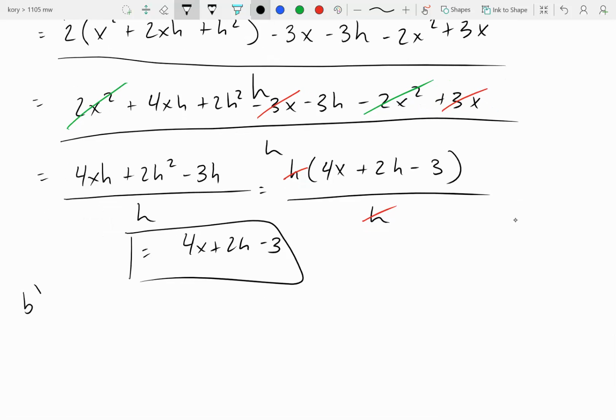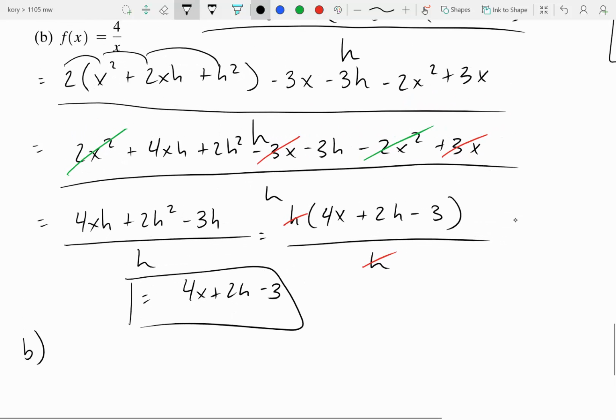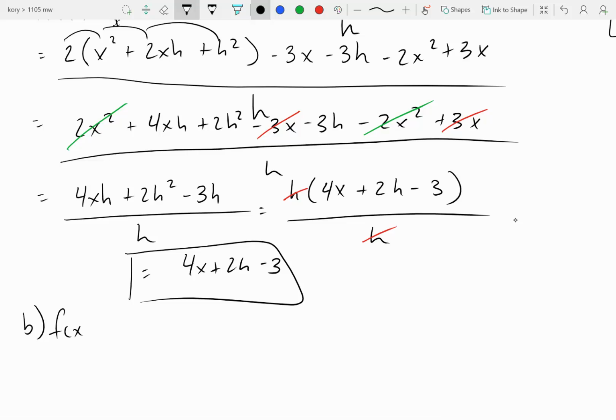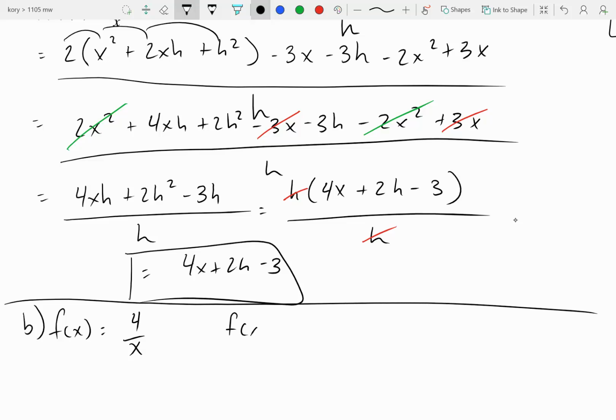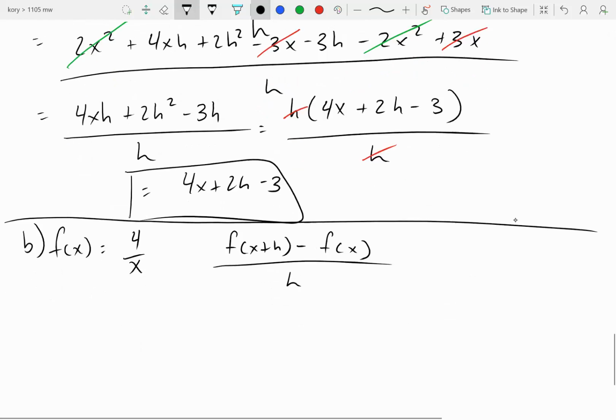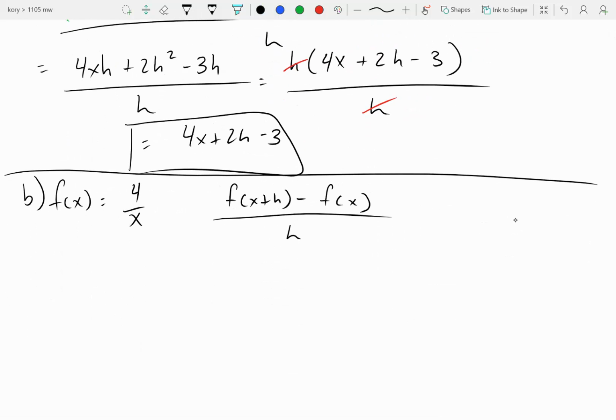Part B wants us to do the difference quotient for f of x equals 4 over x. So I'm going to rewrite it. We have f of x equals 4 over x, and then our difference quotient is f of x plus h minus f of x over h. So for the first part, we're going to put x plus h for every x we have.